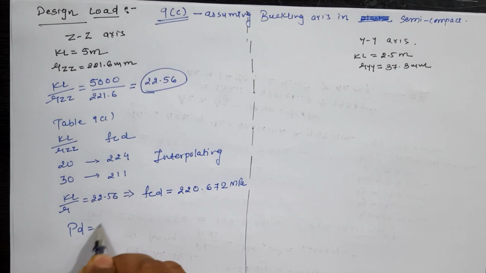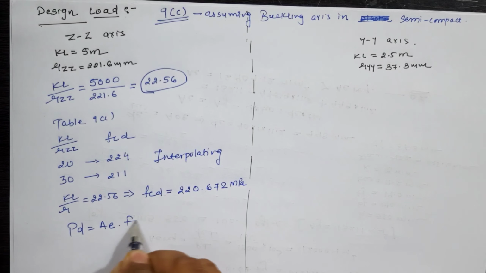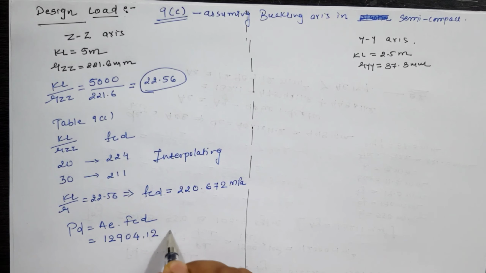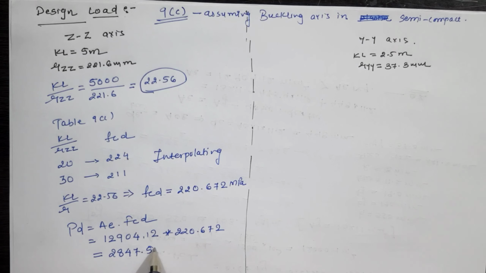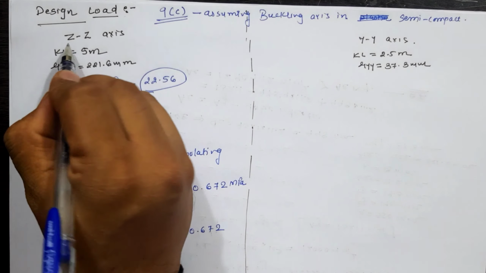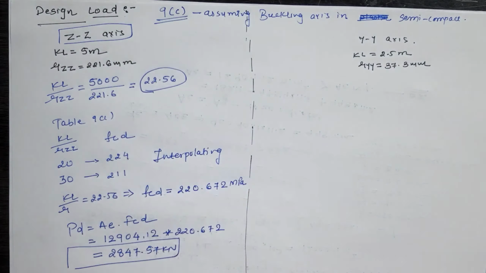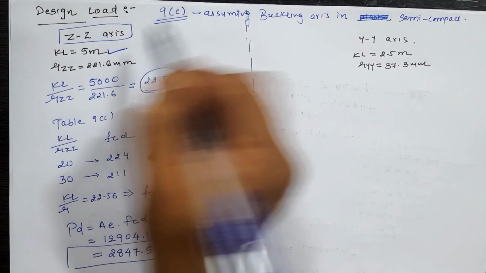Now the design load is equal to the effective area into fcd. Our effective area is 12904.12 into 220.672, which is equal to 2847.57 kilonewton in the ZZ axis with an effective length of 5 meter.